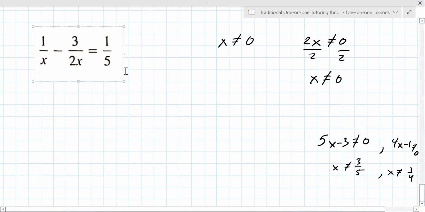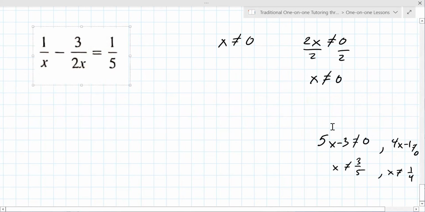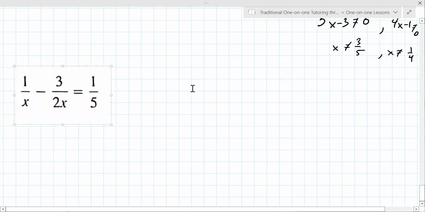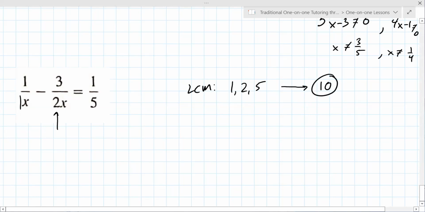So I'm going to give you maybe a shortcut here. You've got numbers: a 1, a 2, and a 5. What is the least common multiple between those? 10.